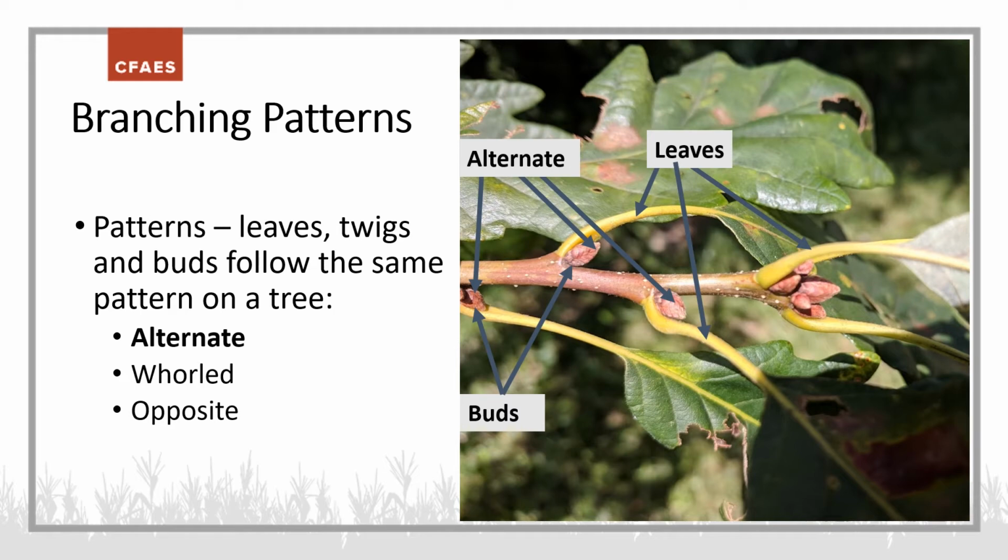You can see the buds alternate up the stem. You can see the leaves where they're attached alternate on the stem. And if we could see the entire tree, we would see that the twigs also alternate on the tree. So just remember that pattern. They kind of switch sides and work their way up and down the twig in that manner.